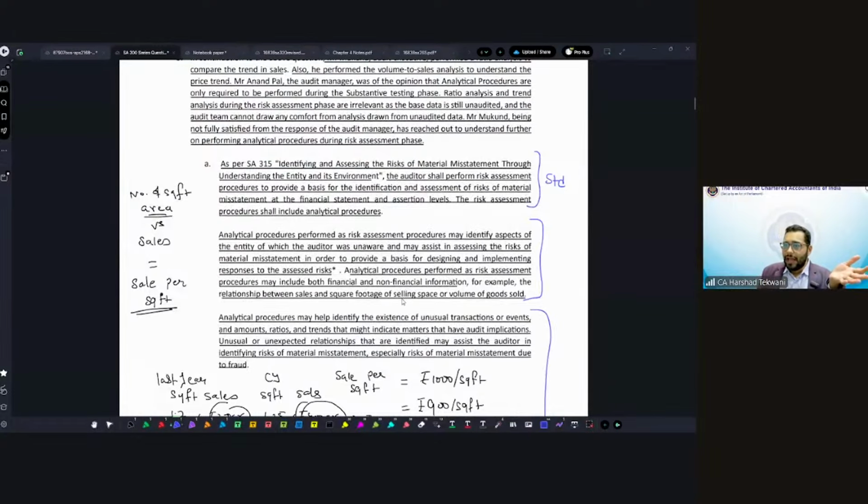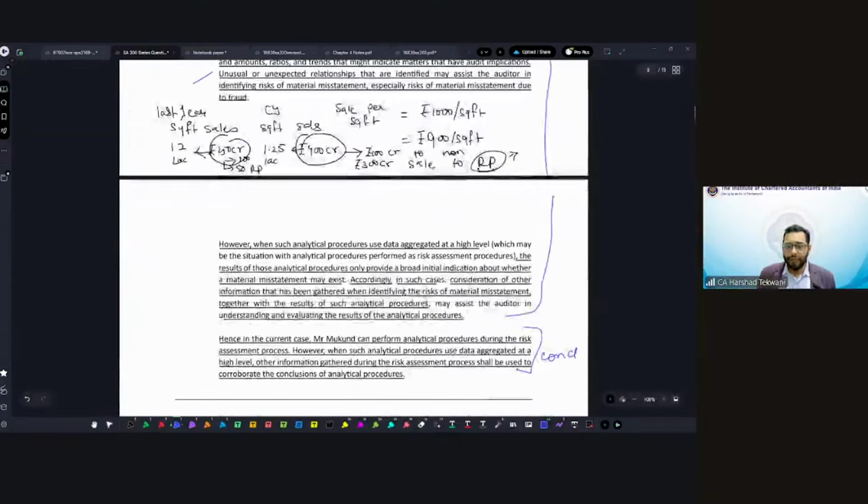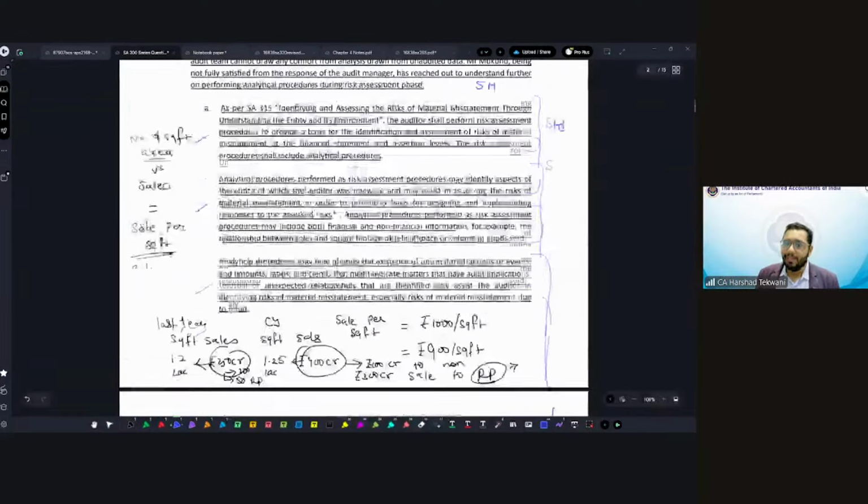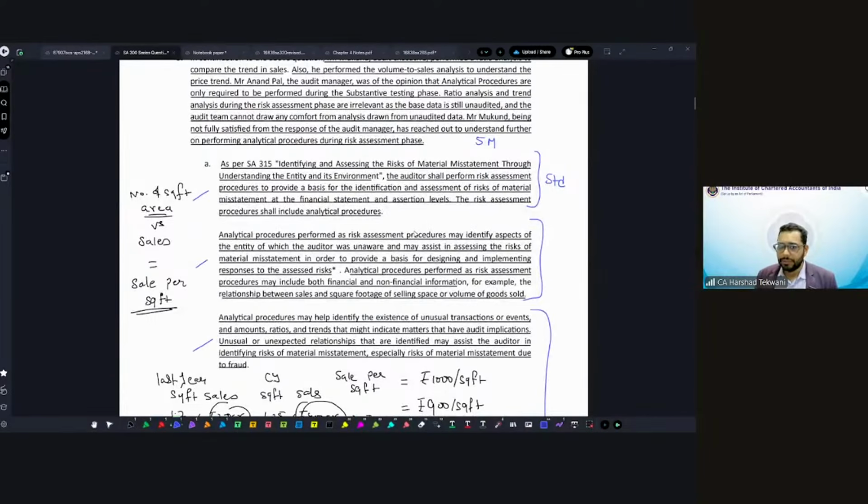So this is how you can write the answer. But when it comes to a question of 5 marks, you need at least 5 to 6 points: 1, 2, 3, 4, 5. So you require 5 to 6 points when writing an answer for 4 to 5 marks. The second thing to focus on are key terms that you should not change.